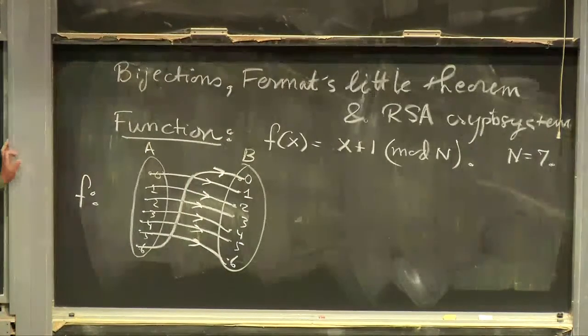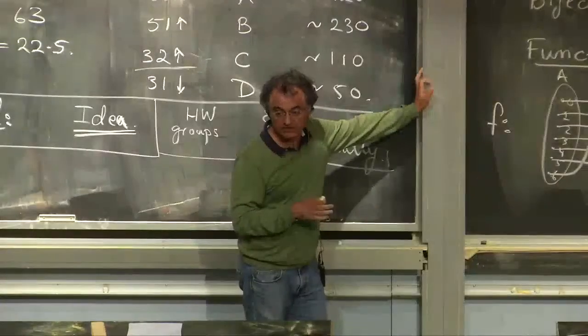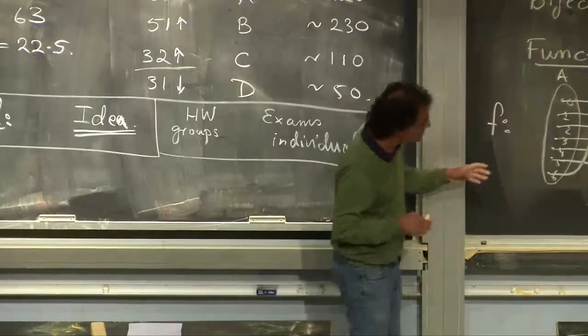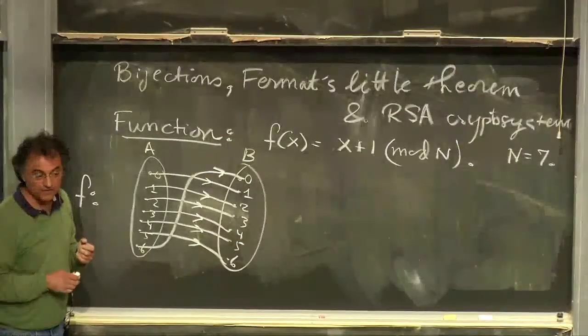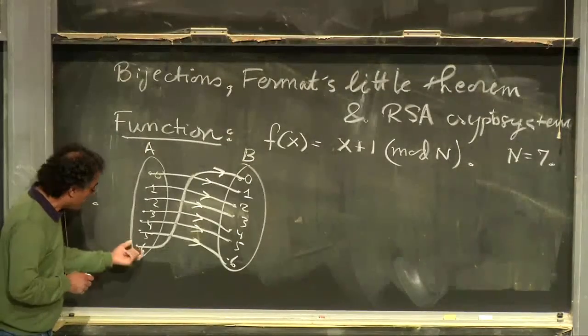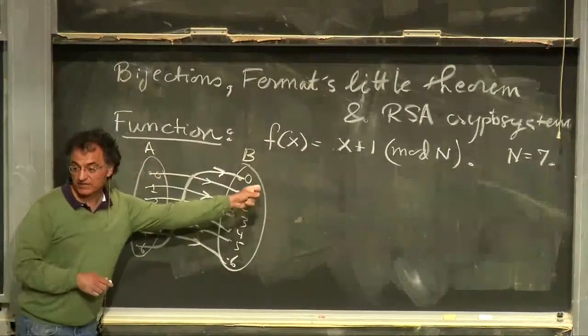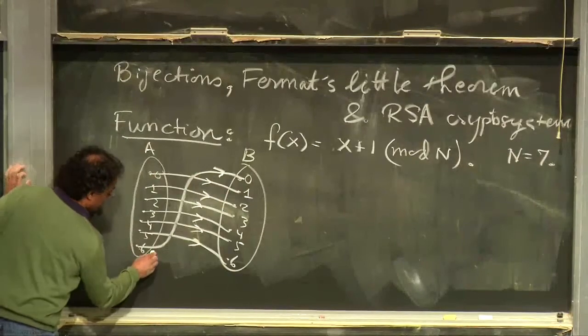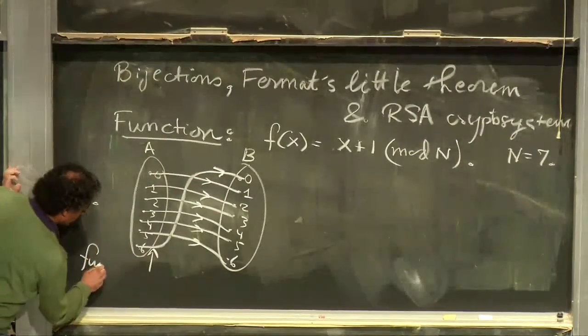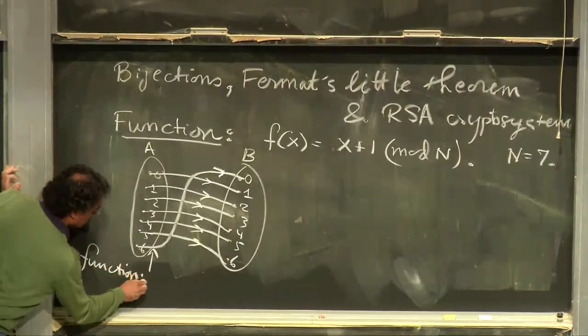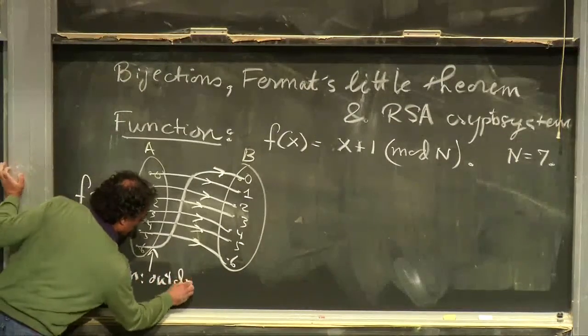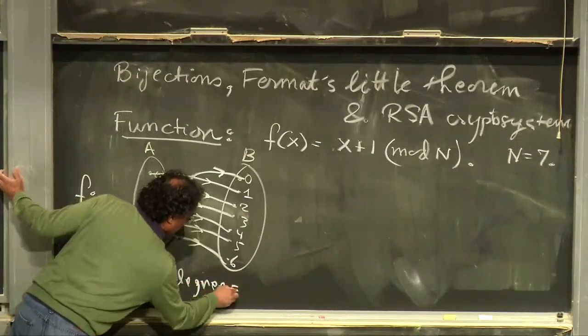Now, this happens to be a particular kind of function. The fact that it's a function just means that every point here should be mapped to something, which means the out degree must be equal to 1.